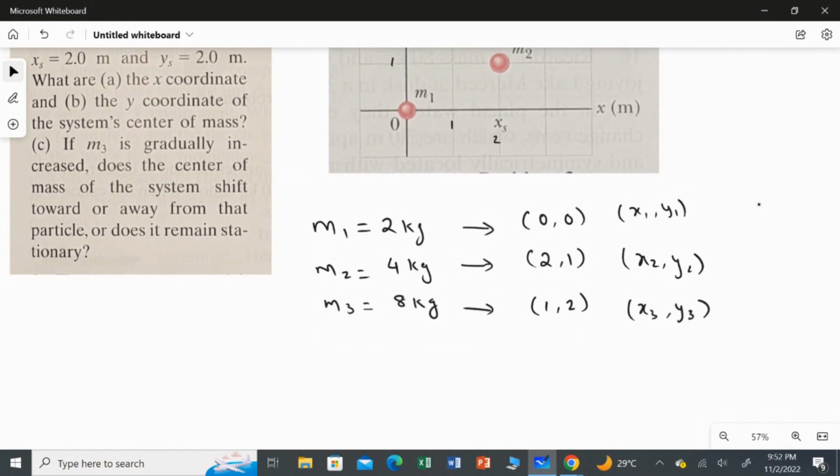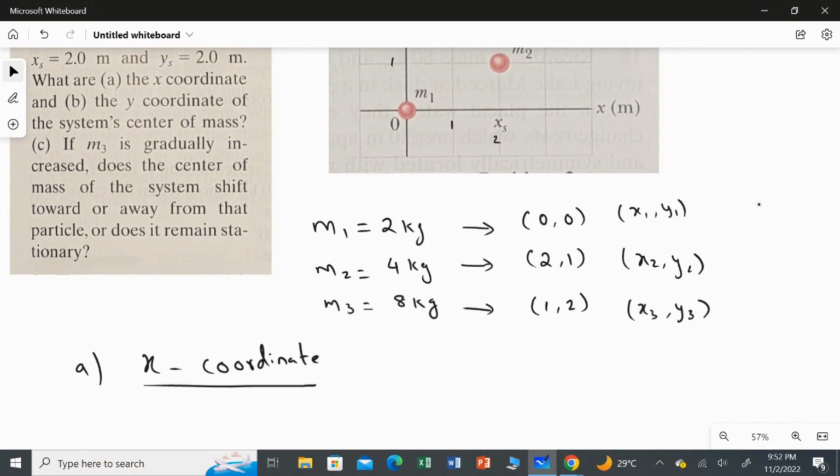Now we are going to apply these values in the formula, because we already know the center of mass formula. We are going to find the x coordinate of the system.